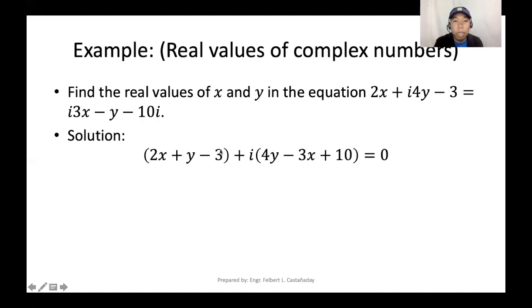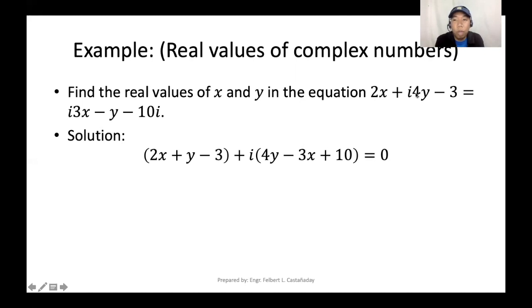What I did here is I grouped, or combined, all the real parts. So we have 2x, positive y, and minus 3 as the real part, and those with i or imaginary unit in that term will be in the imaginary part of this equation.